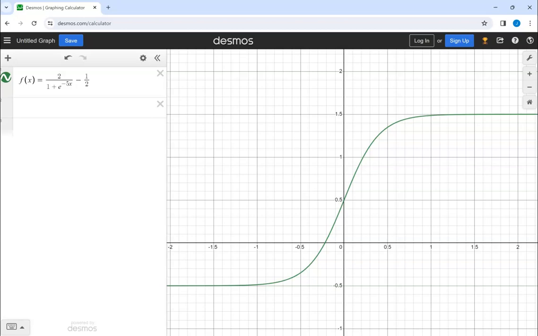This is an example of something referred to as a logistic function. This is a really good function to model population growth with limited resources. I know you've probably done population growth where you've had exponential growth, just doing a times e to the bx kind of idea. That assumes you've got unlimited resources, but eventually you're going to get what's referred to as a carrying capacity. There's only so much that the environment around can handle.